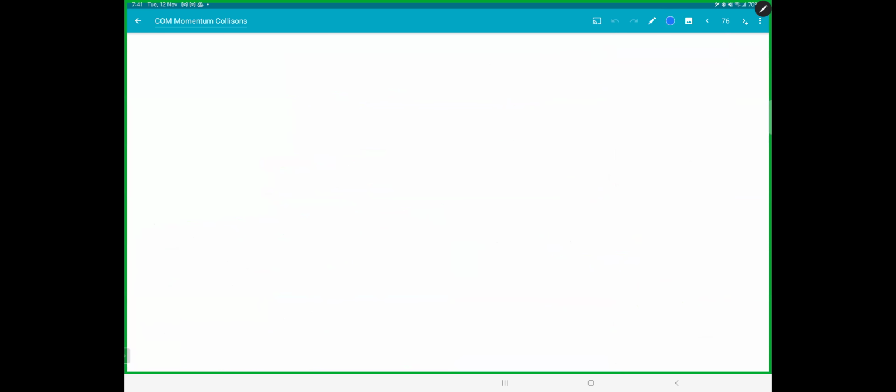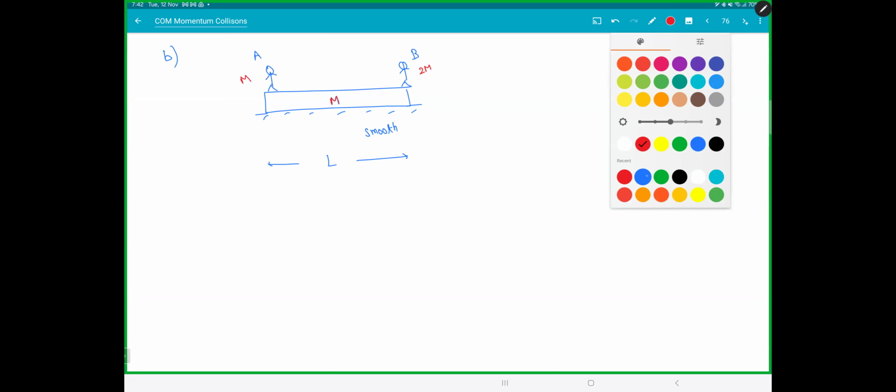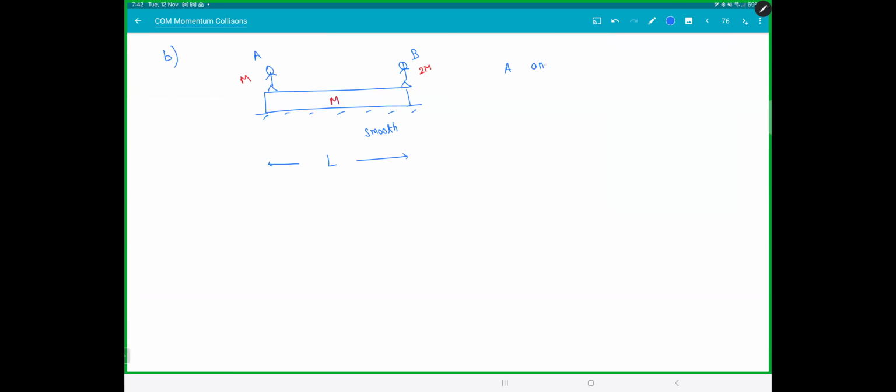Now you guys try this. Same question, but this time there are 2 people. We have a plank of mass m. We have person A. We have person B. The ground is smooth and the length is L. So A and B are walking towards each other. A's mass is m and B's mass is 2m. Plank's mass is m. So A and B walk towards each other and exchange places.